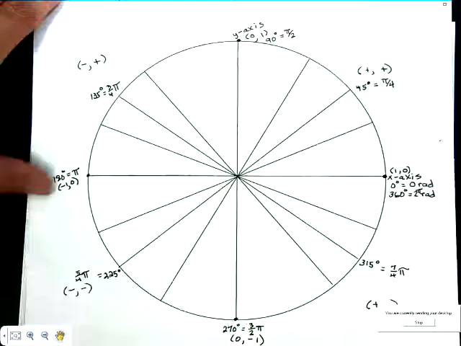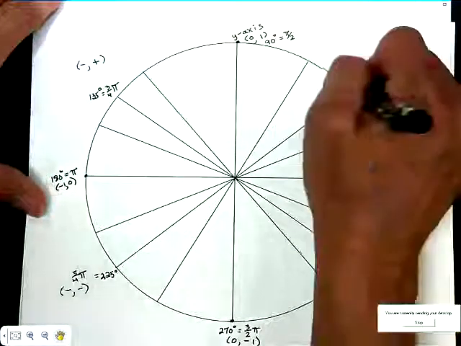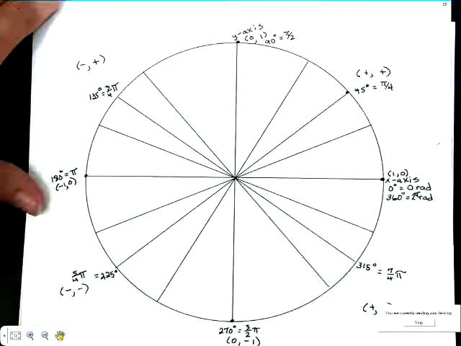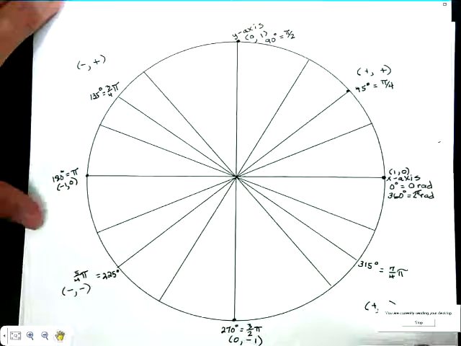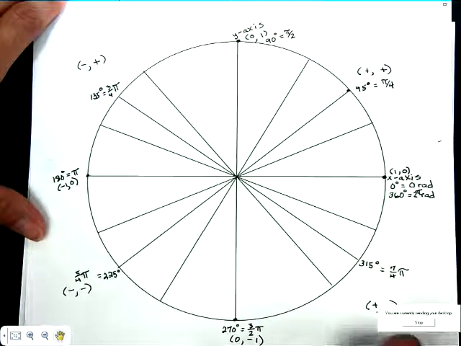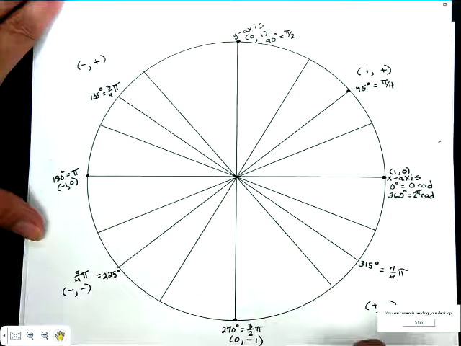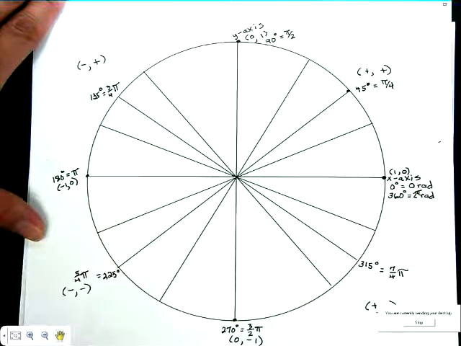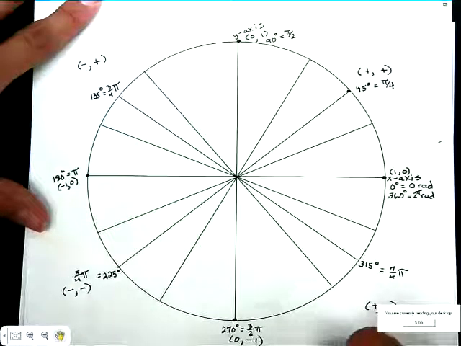Now we just have to figure out what these points are. Well, I remember from my 45-degree triangle, let me think about it. For a 45-degree triangle, we used an isosceles right triangle. That was half of an equilateral triangle. The adjacent side was 1. The hypotenuse was, making sure I'm doing this, yeah, square root of 2.